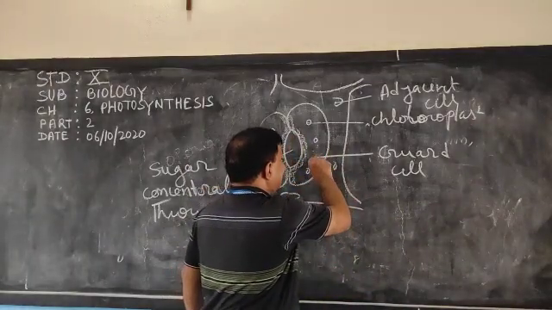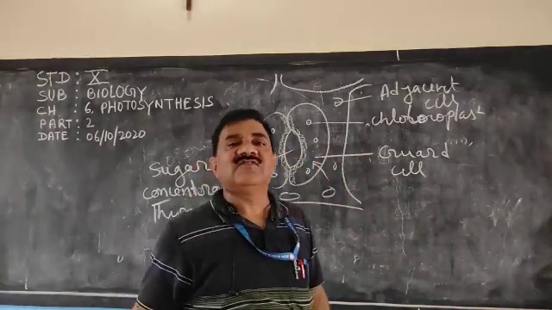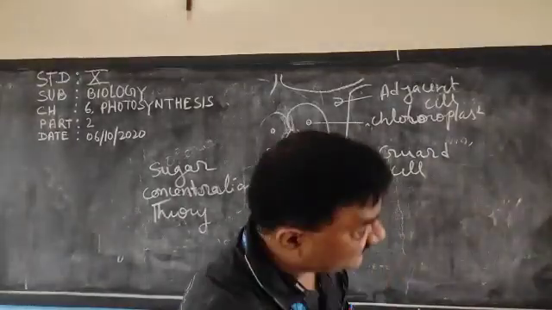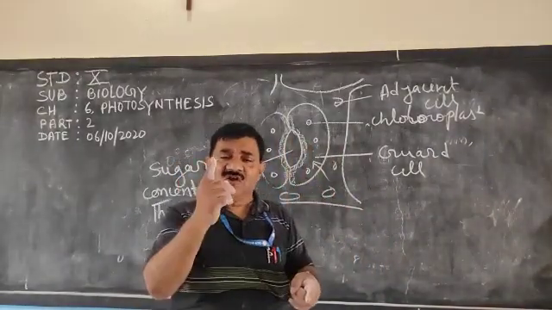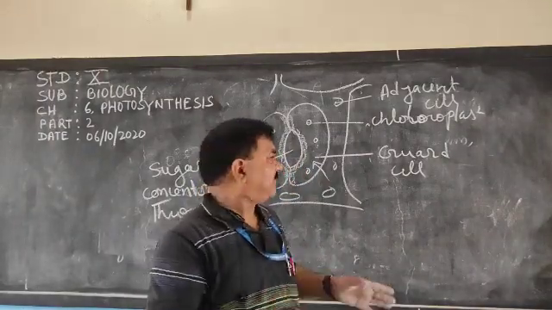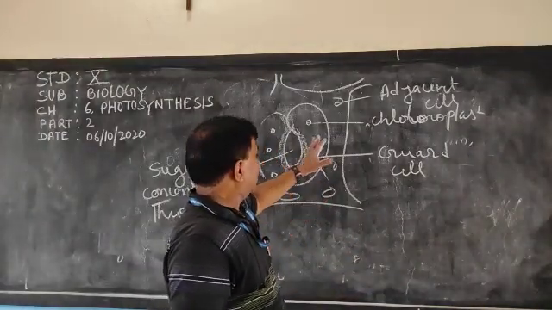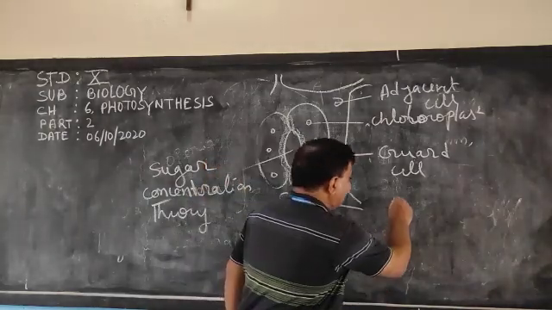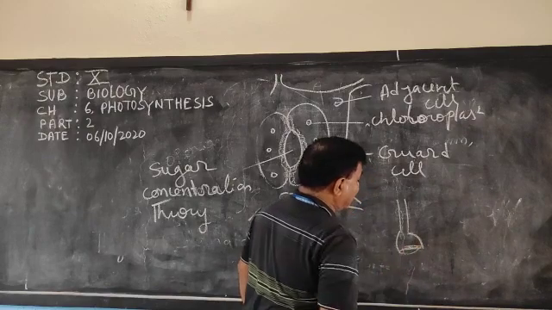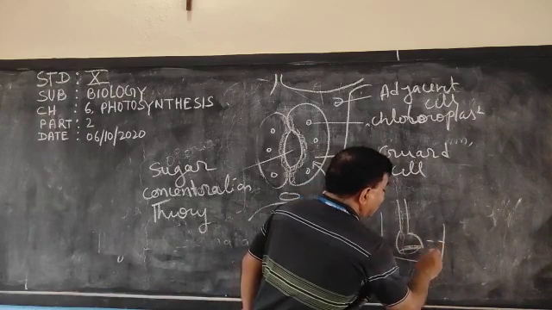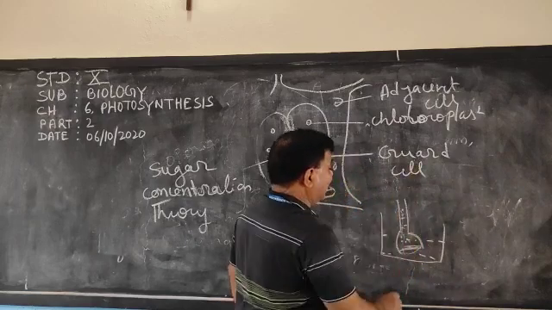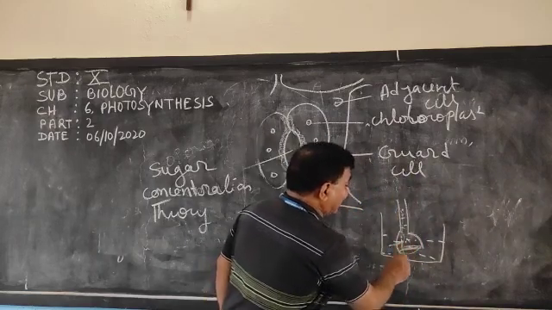Water will enter inside. In osmosis I have discussed that the movement of water molecules from higher concentration to lower concentration through a semi-permeable membrane is called osmosis. By the process of osmosis, as I have shown with the thistle funnel and a semi-permeable membrane, if we put it in water and a sugar solution is inside, the water level will rise because water from outside will enter.